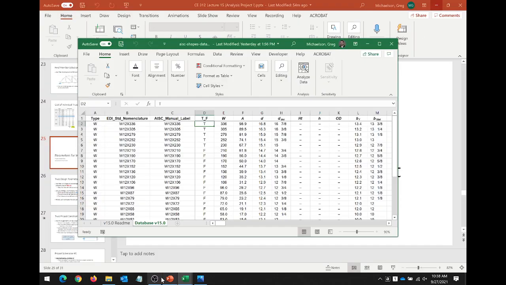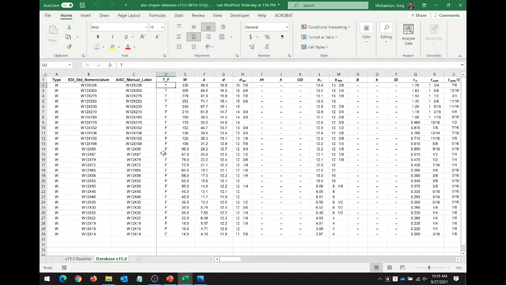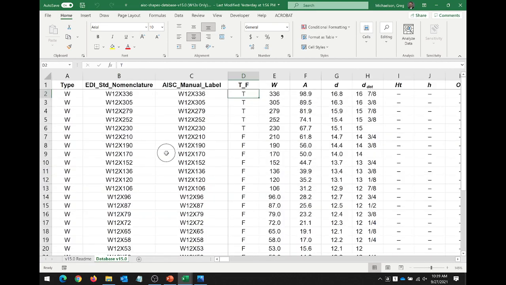What you need is this. These are all the W12s along with all their areas, and I'm going to post this in Excel on Blackboard so that you have that data. You'll have all the areas for all the shapes. It also has separate numerical columns for the weights, so you have that too.